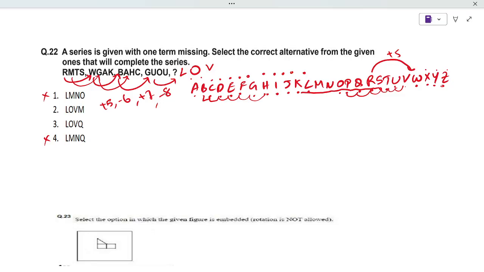So K minus 8 goes to C. K is here 1, 2, 3, 4, 5, 6, 7 and 8. Yes, that means U minus 8 goes here: 1, 2, 3, 4, 5, 6, 7 and 8. Yes, M. So LOVM is the right one, and this is the wrong one.